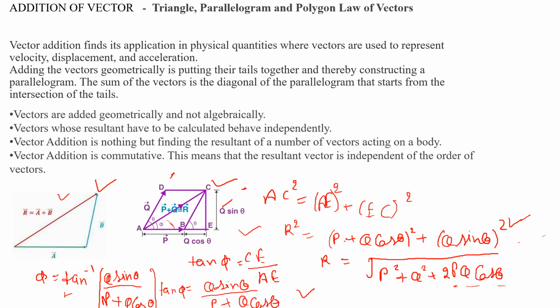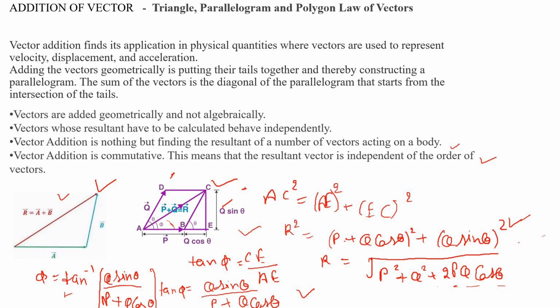In addition of vectors, some points are to be noted. First, vectors are added geometrically and not algebraically. Vectors whose resultant has to be calculated behave independently. Vector addition is nothing but finding the resultant of a number of vectors acting on a body. Vector addition is commutative.